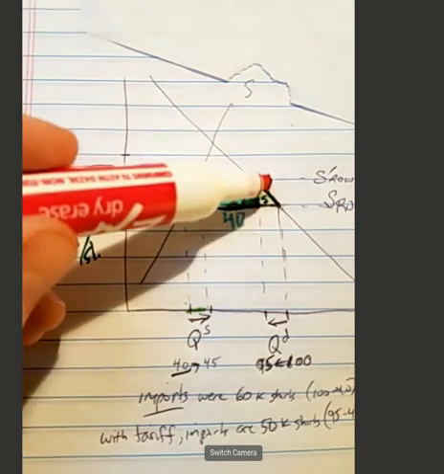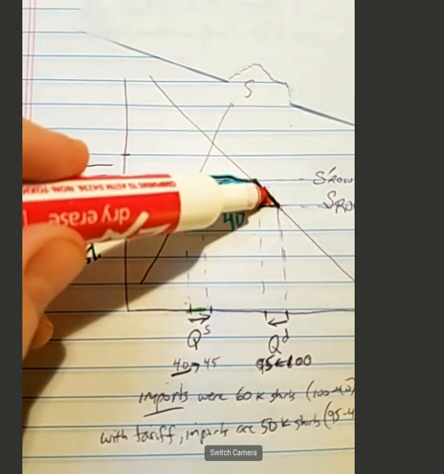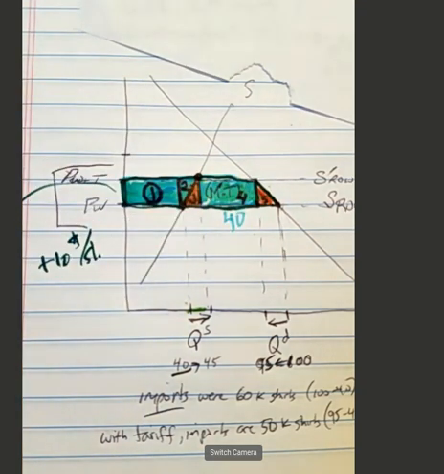This area 3 and this area 5 represent losses that the consumers suffer that are not gained by anybody else. And so they are just losses. We often refer to them as deadweight loss because they are sort of a deadweight on the economy.